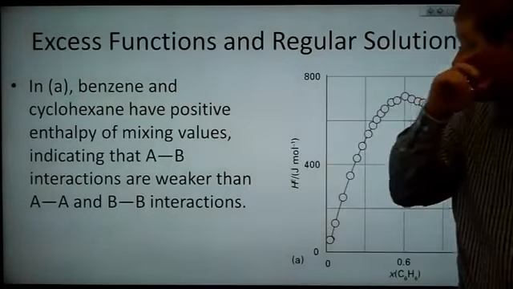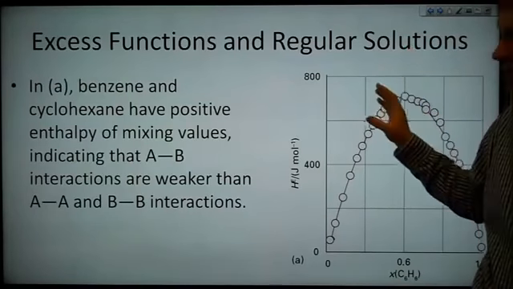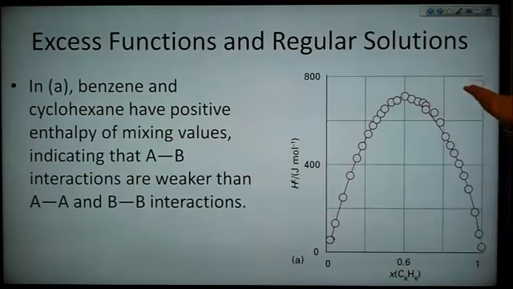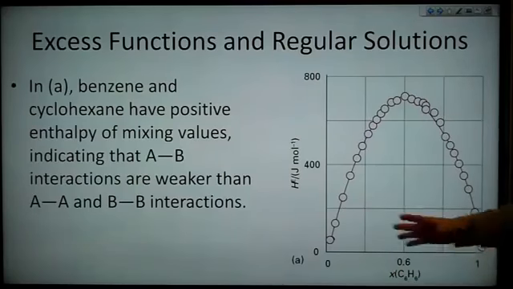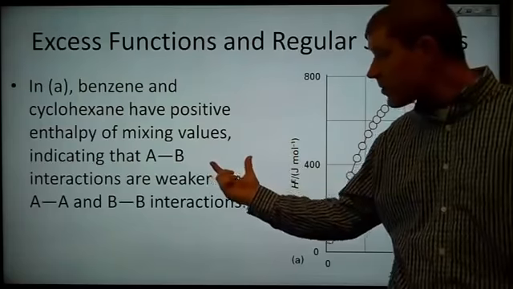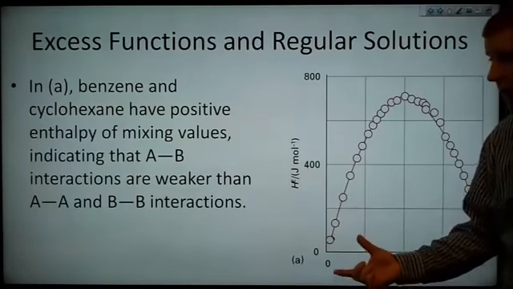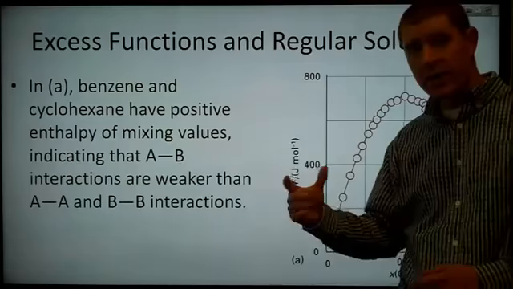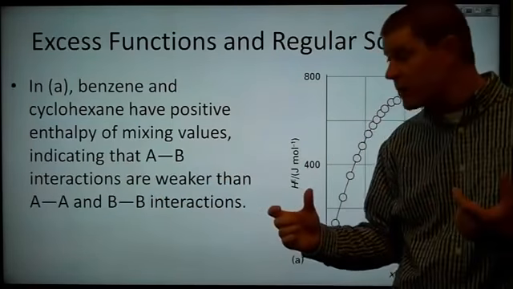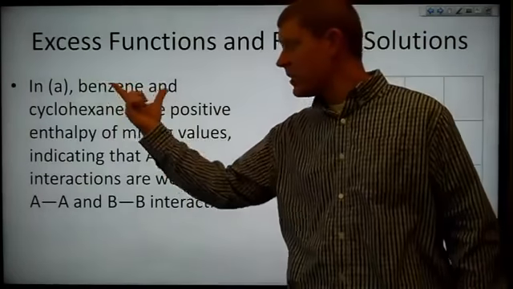All right, so in our first plot, we have benzene and cyclohexane, and they have a positive enthalpy of mixing. All of our values in here are positive, except for the 2 endpoints, which means that our AB interactions are weaker than our AA and BB interactions, which means that it's more energetically favorable to have AA interactions and BB interactions than it is to have AB interactions. So interactions between benzene and cyclohexane.